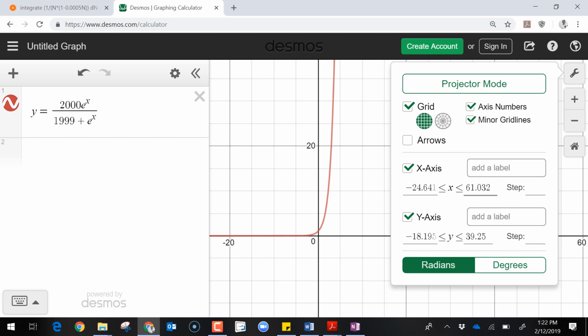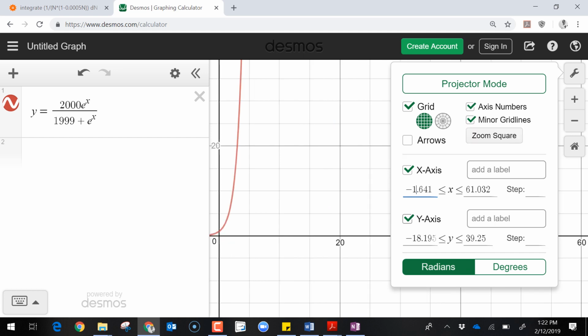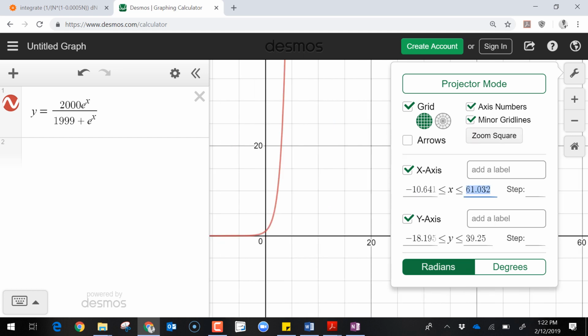So according to the problem, I want my x to capture from 0 to 10, but maybe go a little bit farther. So instead of going all the way to -24, maybe -10, and I don't need to go all the way to 60, so maybe I'll just go to 20.